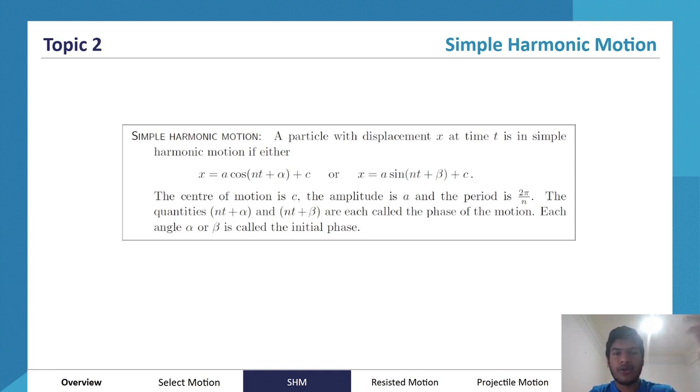Now, simple harmonic motion is defined as, it doesn't necessarily have to be a physical particle, right? It's just anything that exhibits periodic motion. Now, a lot of things in the world are periodic, right? Water waves, any type of wave, pretty much, sound waves, electromagnetic waves.